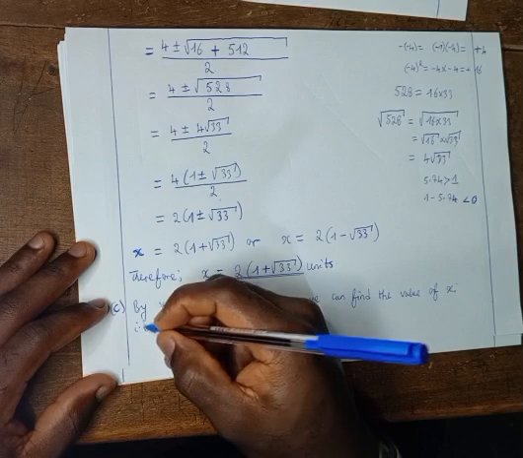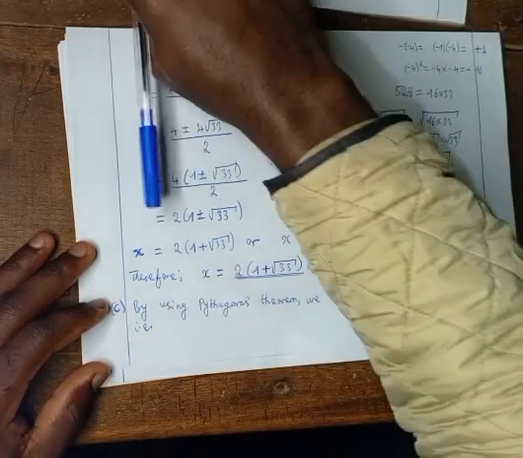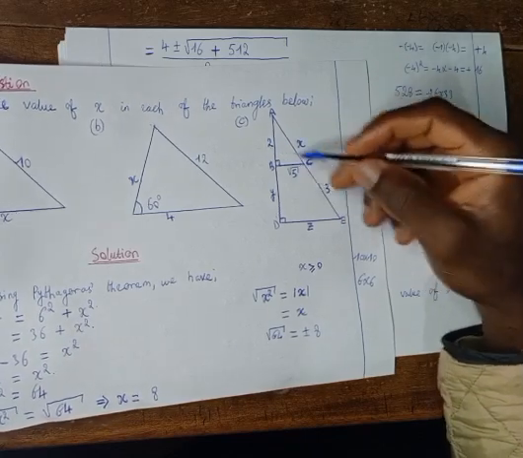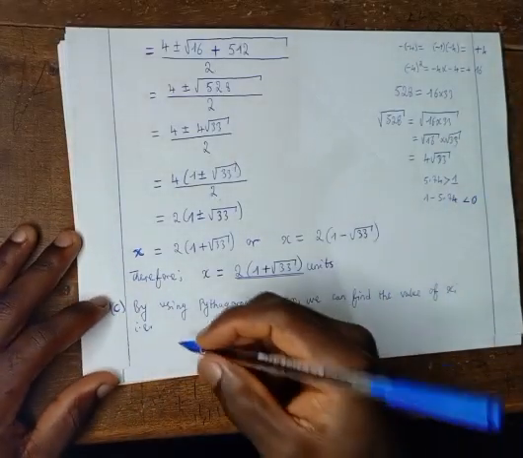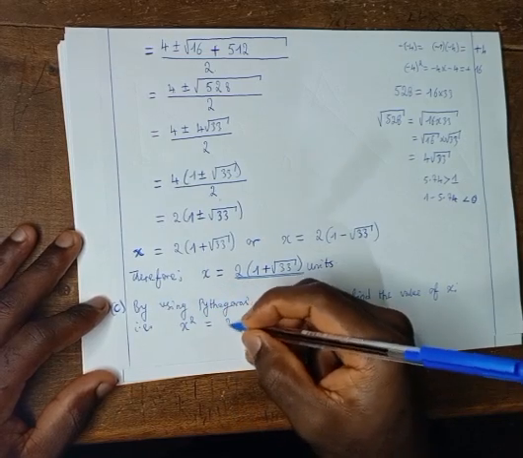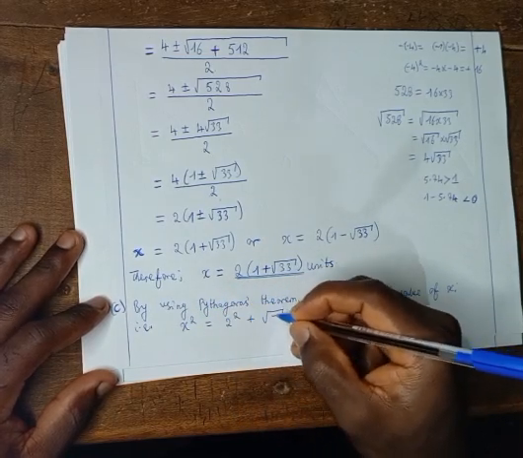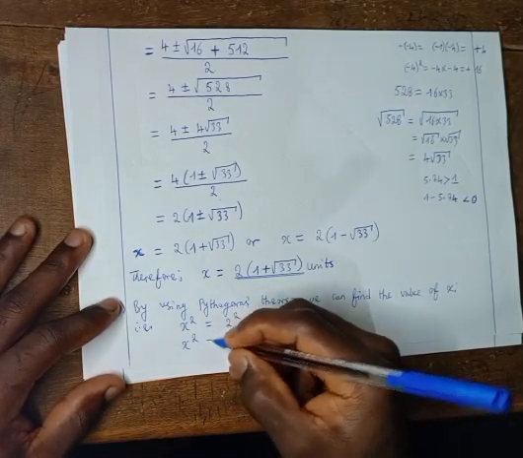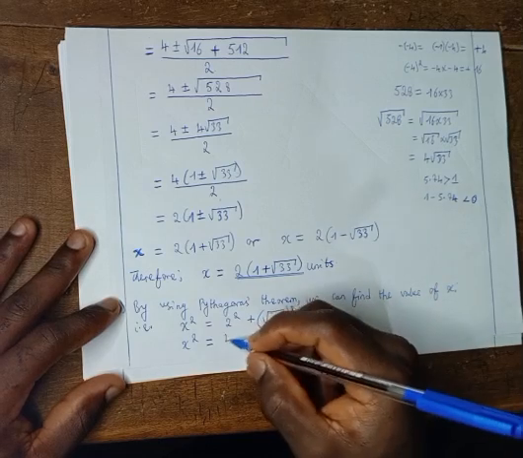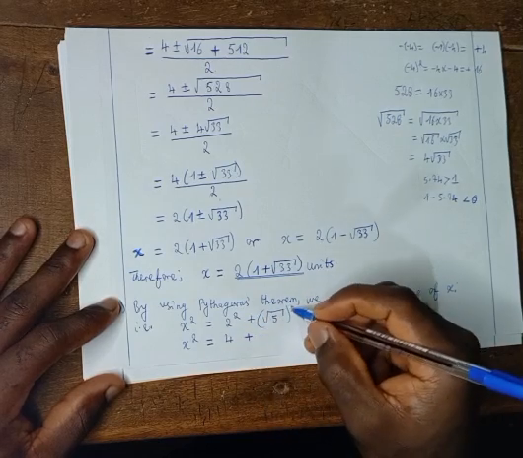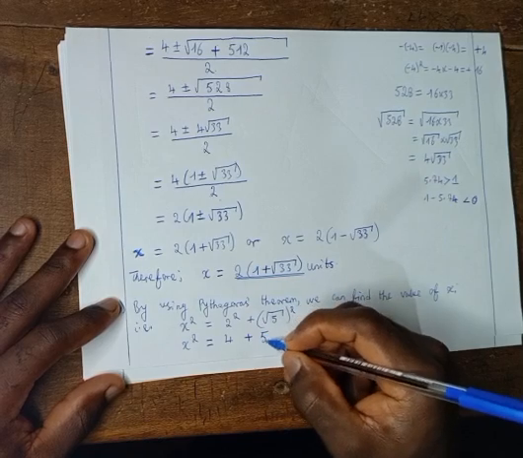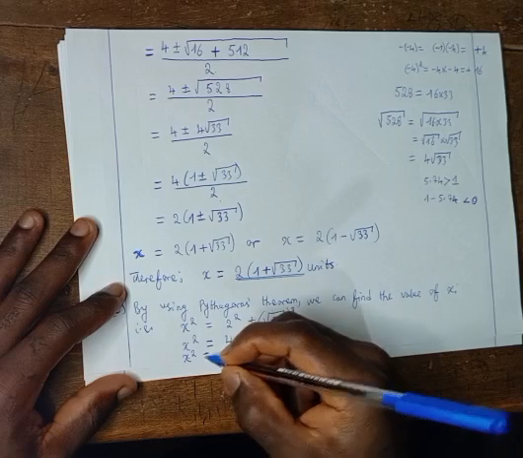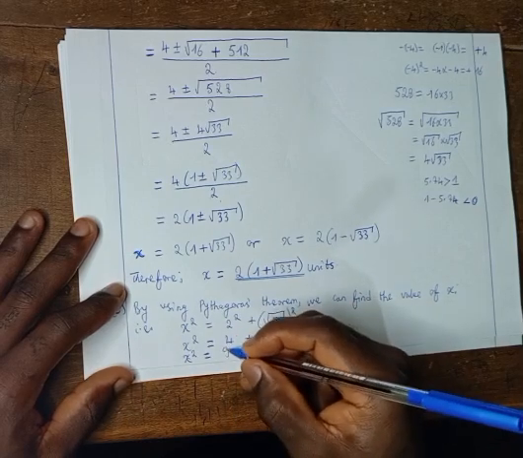The hypotenuse in this case is x. x squared will simply be equal to 2 squared plus root 5 squared. This will give us x squared equal to 2 squared, which is 2 times 2, which is 4, plus root 5 squared, which is simply 5. Next, x squared is equal to 4 plus 5, which is 9.